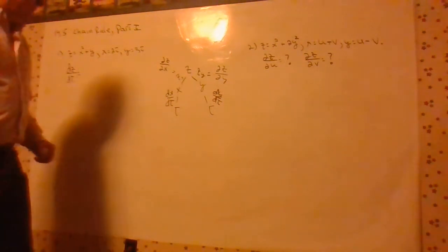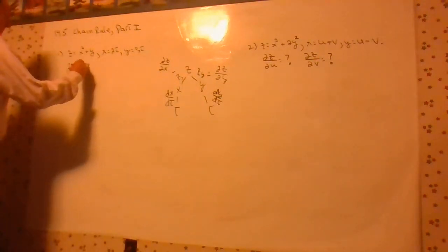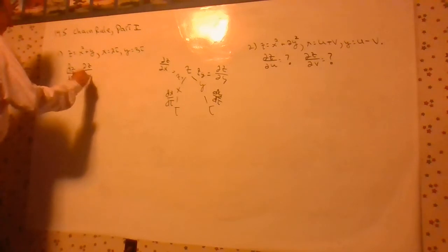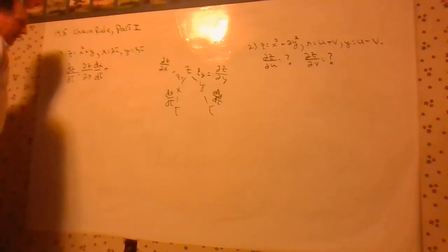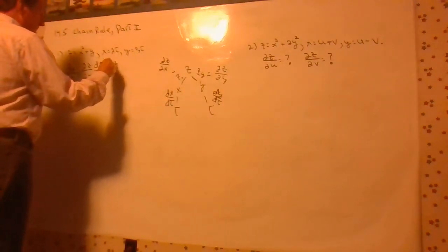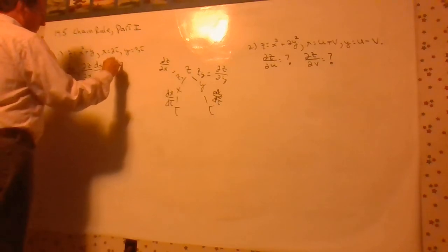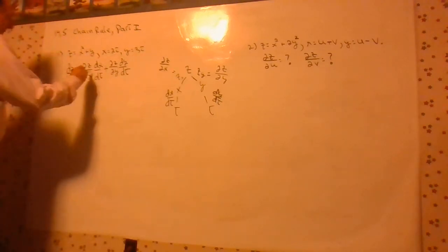Well, we're going to go in this direction: partial of z with respect to x times dx/dt plus partial of z with respect to y times dy/dt.